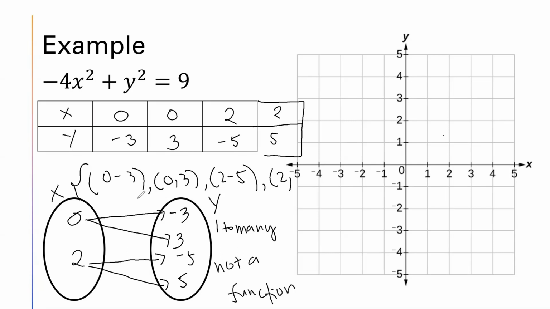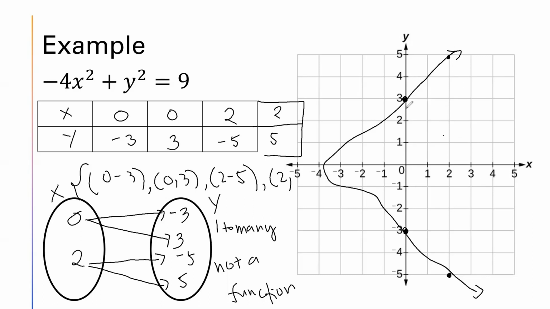So let's use the table of values: (0, -3), (0, 3), (2, -5), and (2, 5). So the graph looks like this. Okay, I just do not know the vertex.